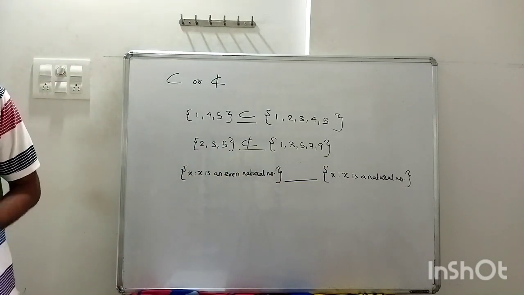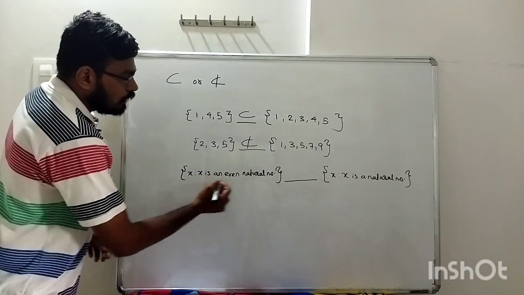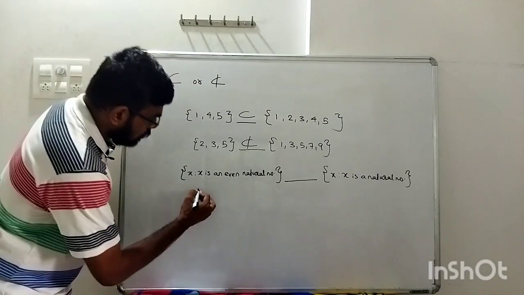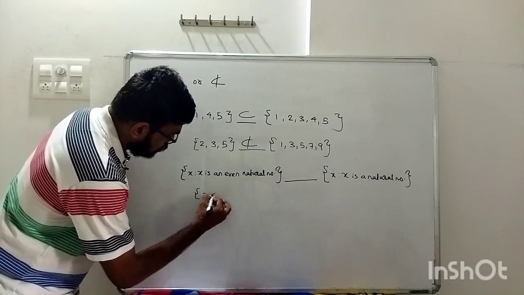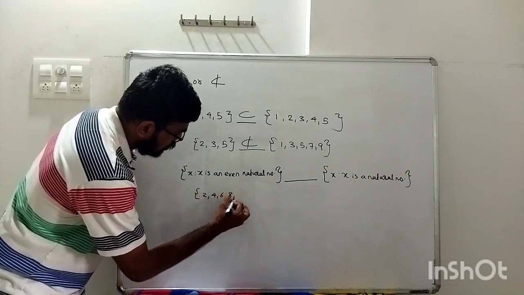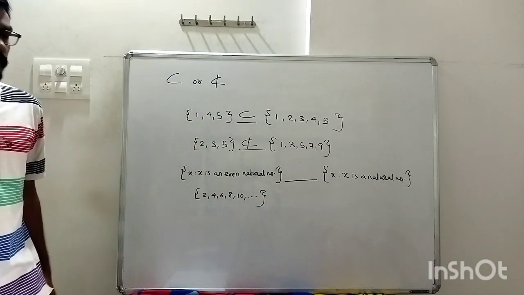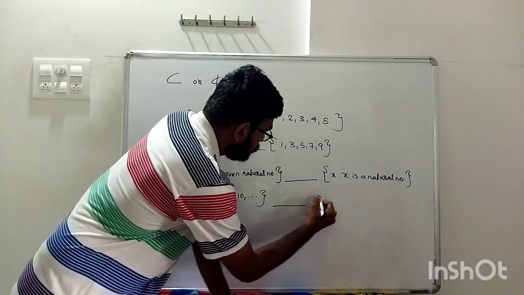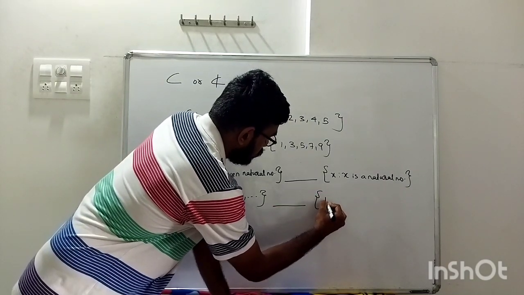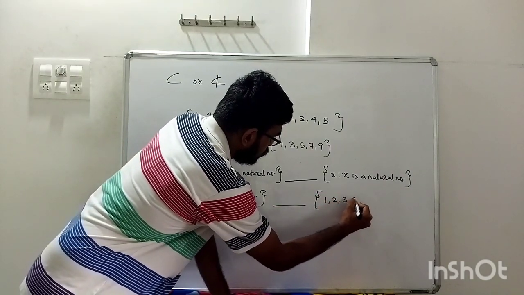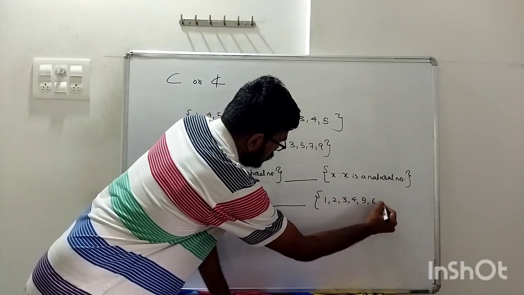Okay, how do we check this? See, which are the even natural numbers? 2, 4, 6, 8, 10 and so on. Similarly, natural numbers 1, 2, 3, 4, 5, 6 and so on.